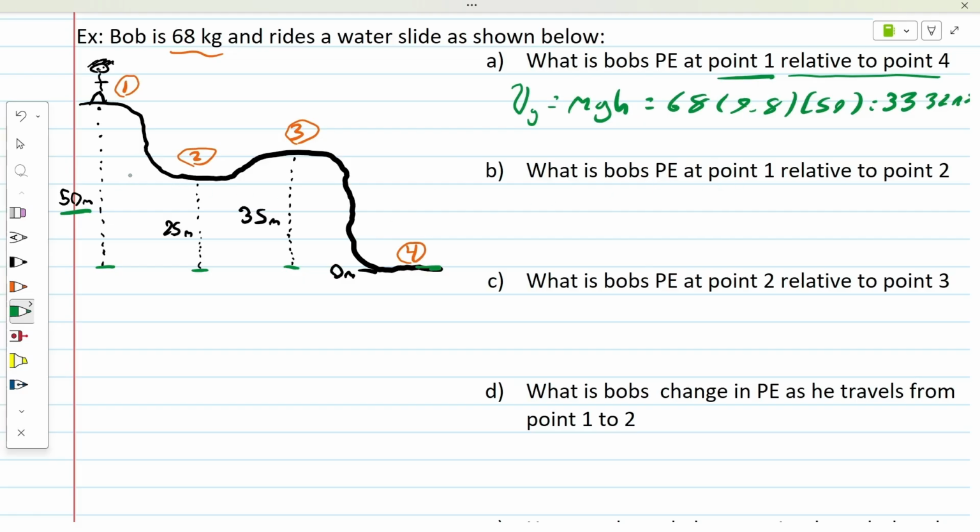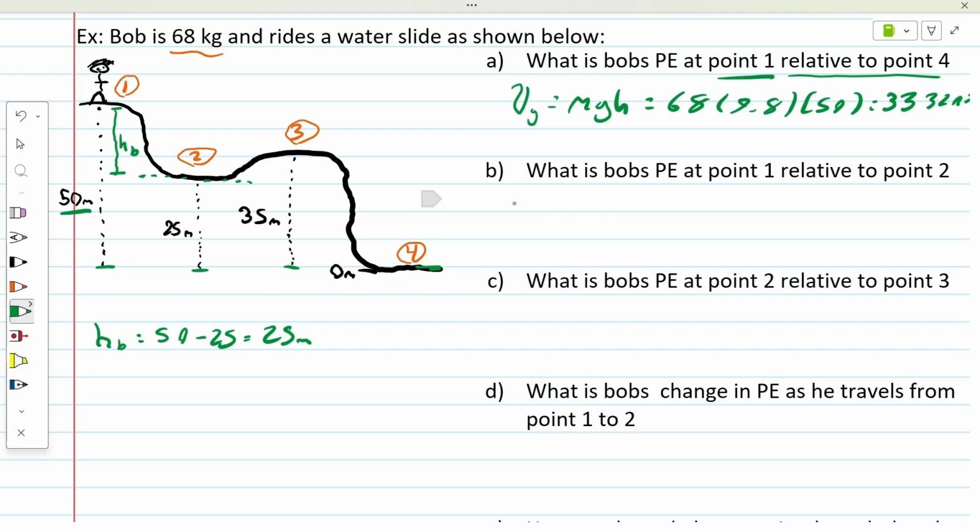Now note that he's still in the same position, but this time we're calling this the reference point, which means that we need to find this height, and we'll call this height B for question B. So height B is going to be equal to this total height minus the height of this at point 2. So it'll be 50 minus 25, and that'll give us 25 meters, because he's 25 meters above the reference point.